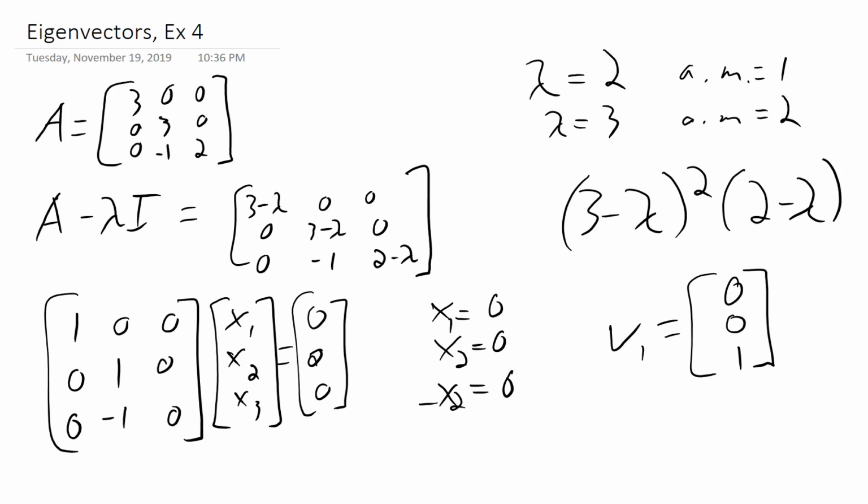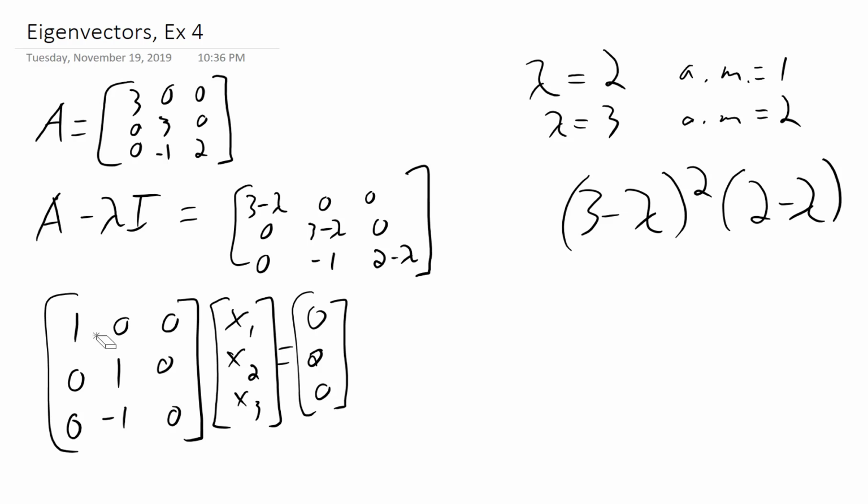But now let's go back and think about this eigenvalue of 3. So let's erase this stuff. And here we're going to use 3. So the only thing that changes is the diagonal. We get 0 here, we get 0 here, and we get a minus 1 there. Now, these first two equations, as we think about these as systems of equations, the first one says 0 plus 0 plus 0 is equal to 0.